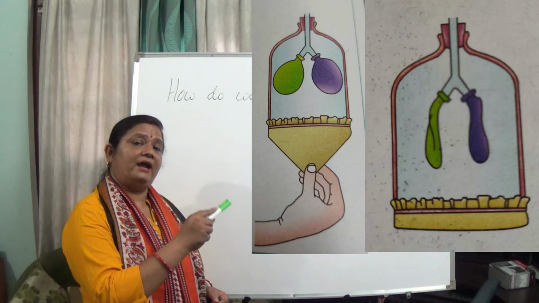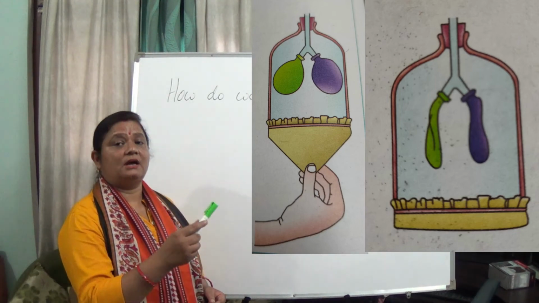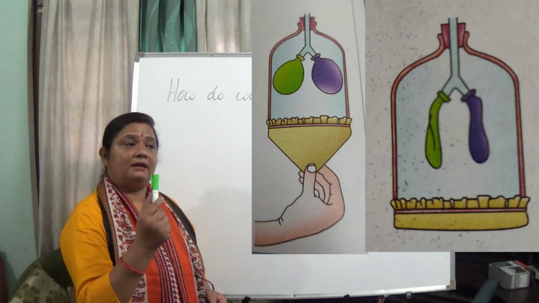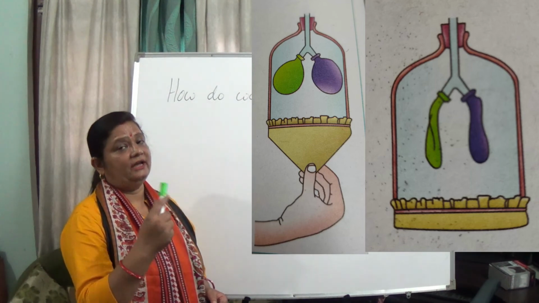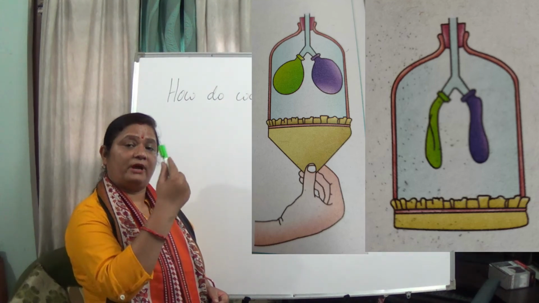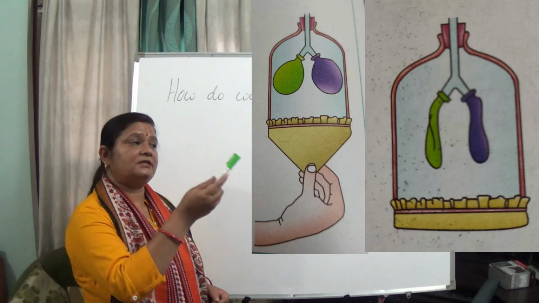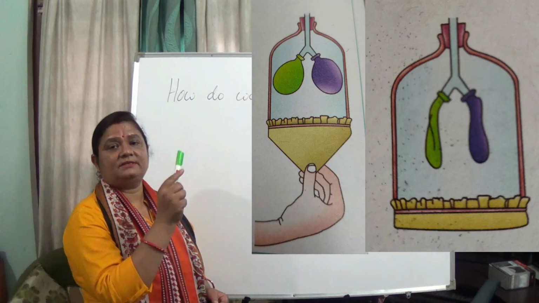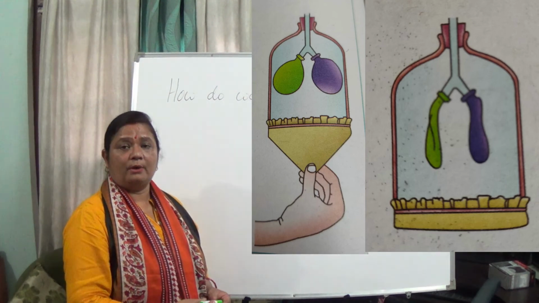Carbon dioxide and water are released, and they come back through the same procedure and reach near the alveoli. Here it rushes in, and from the alveoli to bronchioles, bronchus, windpipe, nasal passage, and out. This is all about respiration.